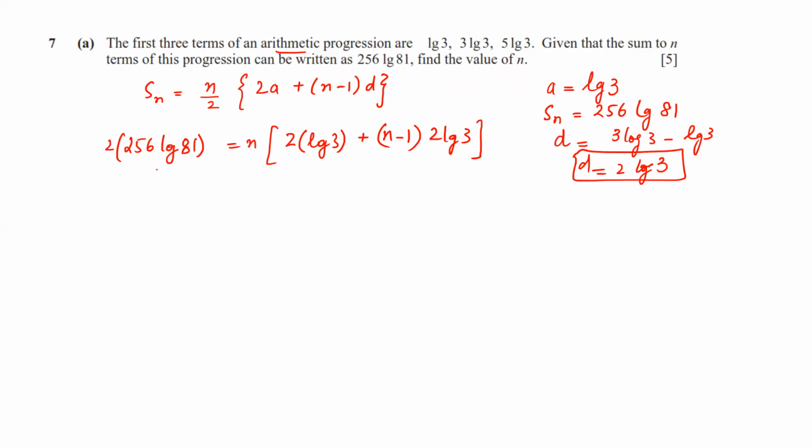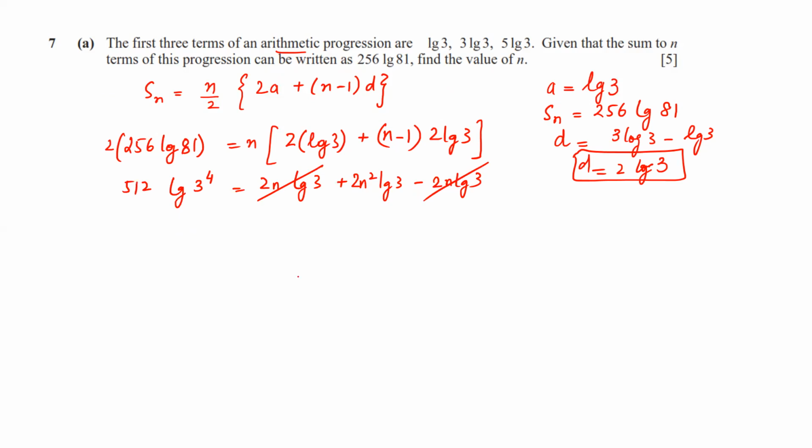Simplifying it, we get 256 into 2, 512 log of 81. So remember, 81 is 3 to the power 4. This is 2n log of 3 plus 2n square log of 3 minus 2n log of 3. So this 2n cancels out with each other. This 4 goes and multiplies over there.